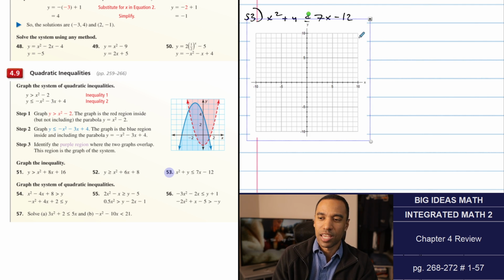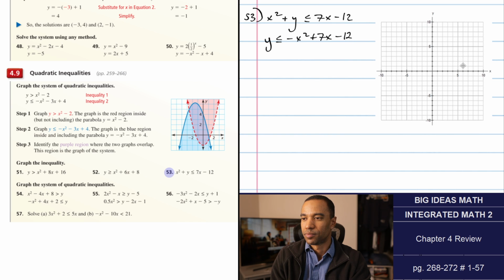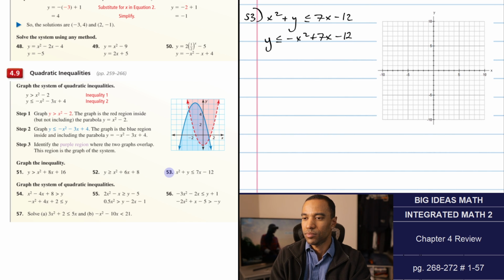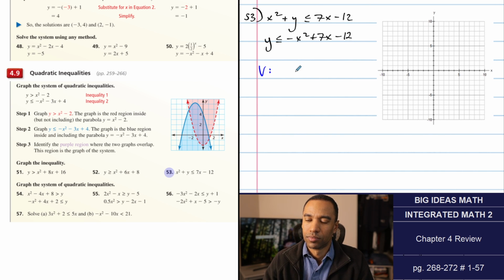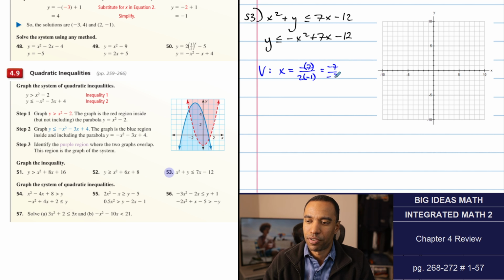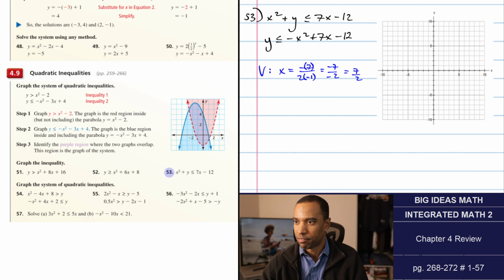The vertex x value is -b over 2a, which is -7 over -2, or 7 halves. That's 3.5. X equals 3.5.